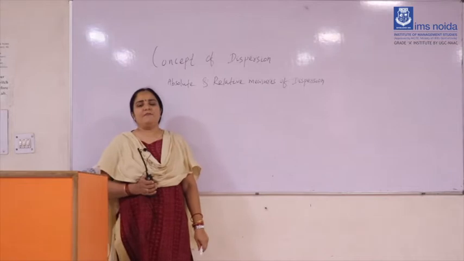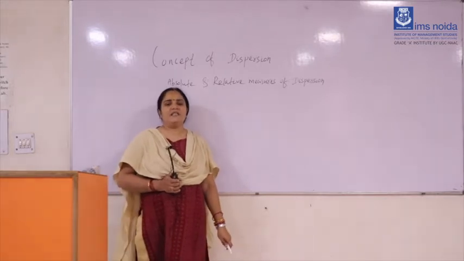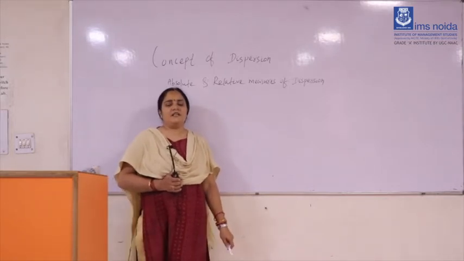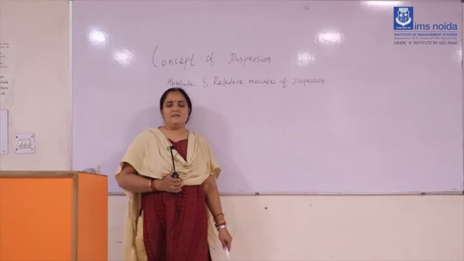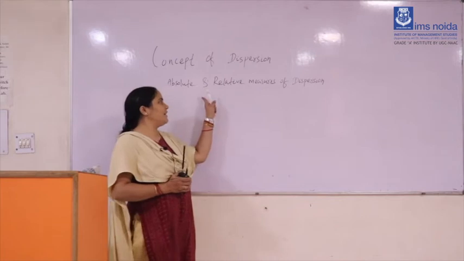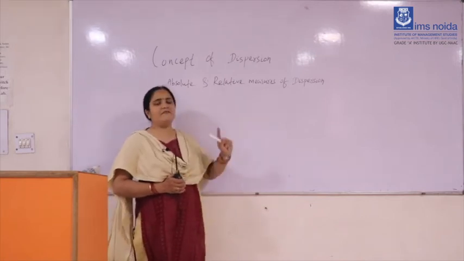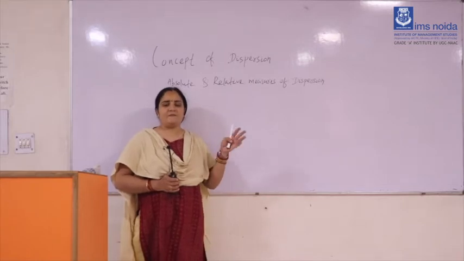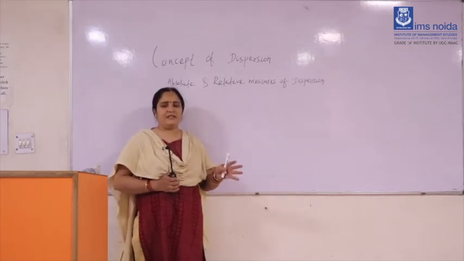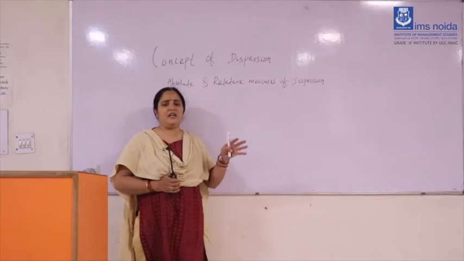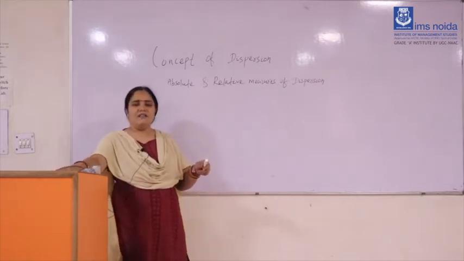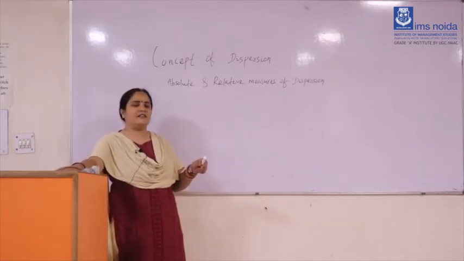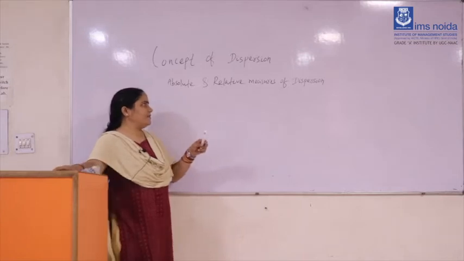Absolute measure of dispersion discusses how the data are measured in absolute value, and the relative measurement is calculated from the absolute measure of dispersion. So absolute and relative measures are interrelated. In absolute measurement, first you have to calculate range, standard deviation, quartile deviation; all these come under absolute dispersion.